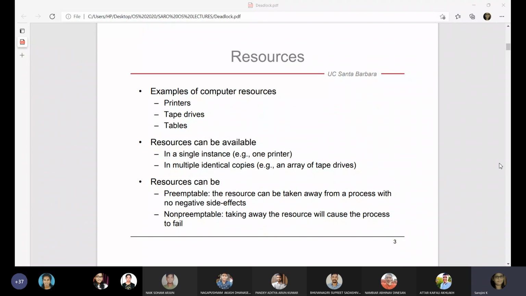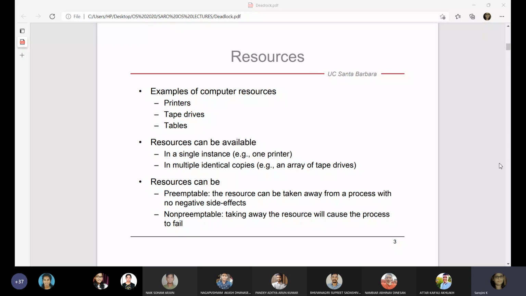In our example, there are two processes P1, P2 and two resources R1, R2. P1 is currently possessing resource R1 and P2 currently has resource R2. P1 did not release resource R1, but it wants resource R2. P1 is keeping R1, but it is requesting R2. Where is R2 currently?